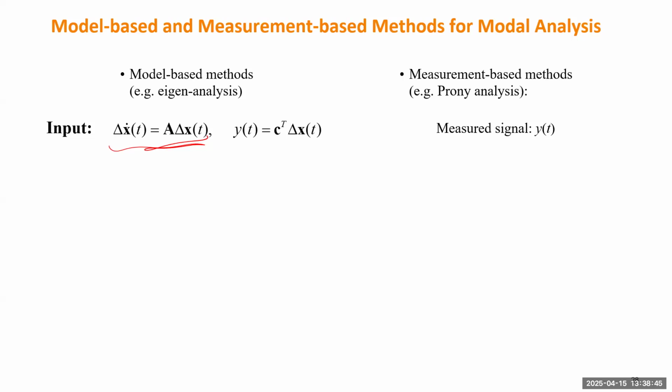But there could be other cases where you don't have the accurate model. The system is too large, or maybe some of the components are made by manufacturers who don't give you the detailed model, or even if the model is available, you can hardly do a linearization. So you have to rely on some measurement-based approach.